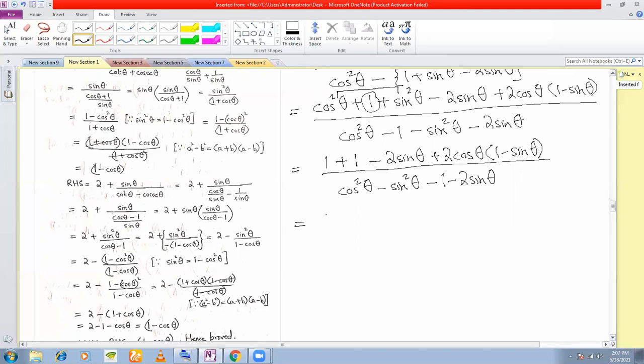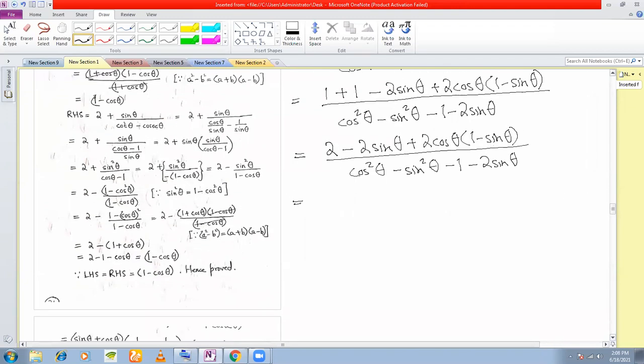Now in the numerator, 1 plus 1 combines to give you a 2 minus 2 sine theta plus 2 cos theta into (1 minus sine theta) divided by cos square theta minus sin square theta minus 1 minus 2 sin theta.